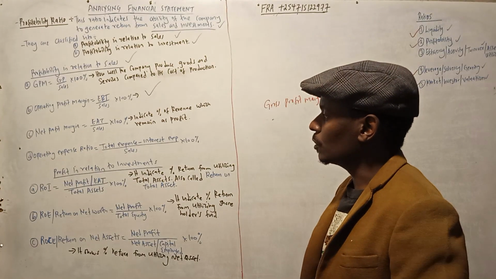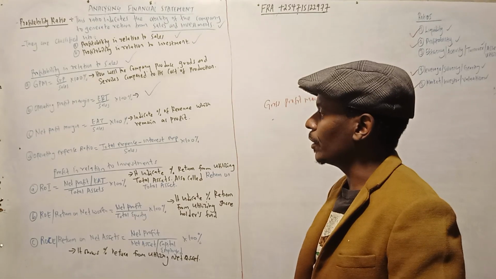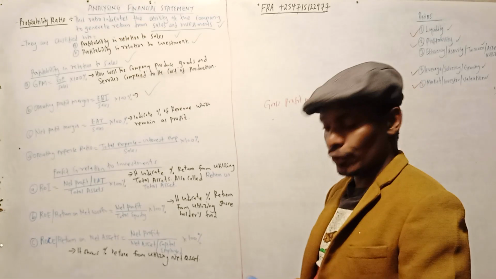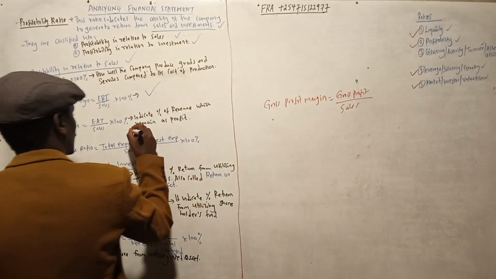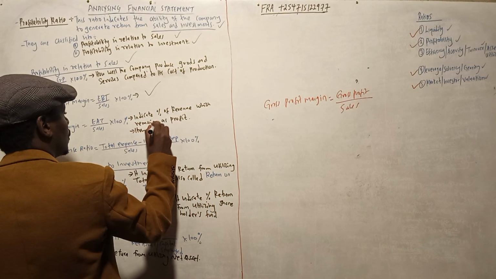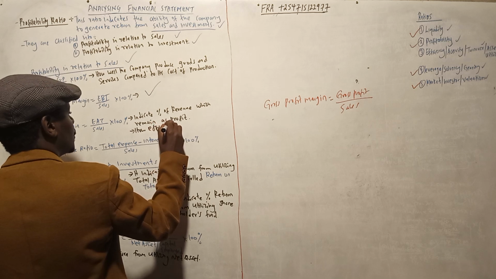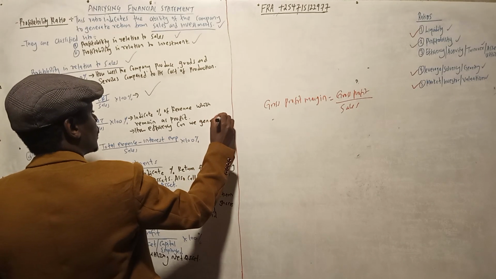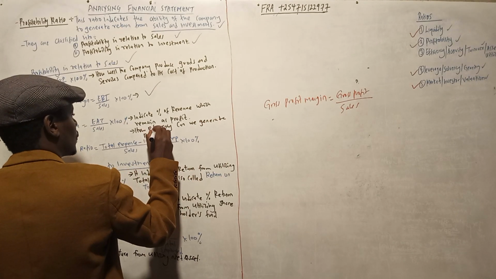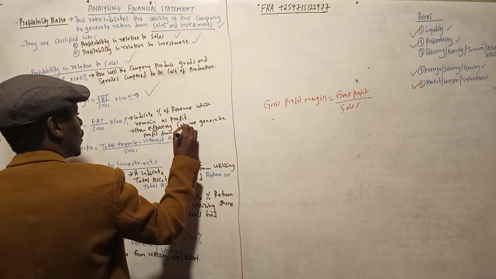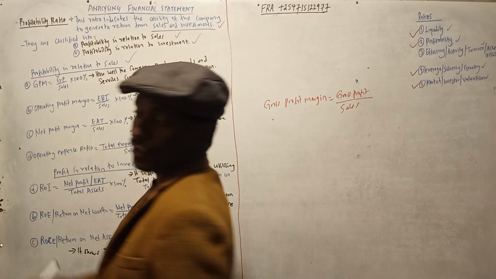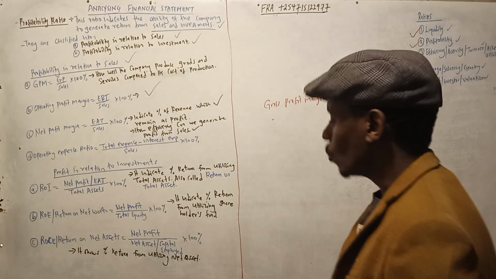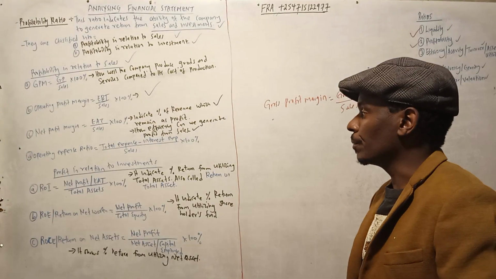Then you have the net profit margin. It indicates how efficiently we can generate profits from sales, or the percentage of revenue which remains as profit, which is the same thing.